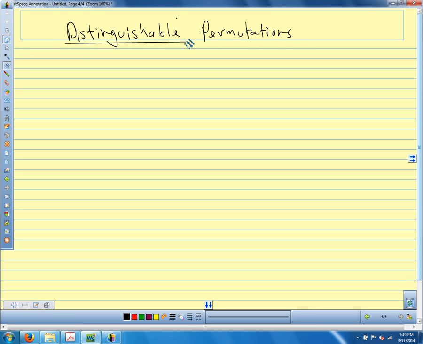And distinguishable permutations come up when we have repeated items in our set.